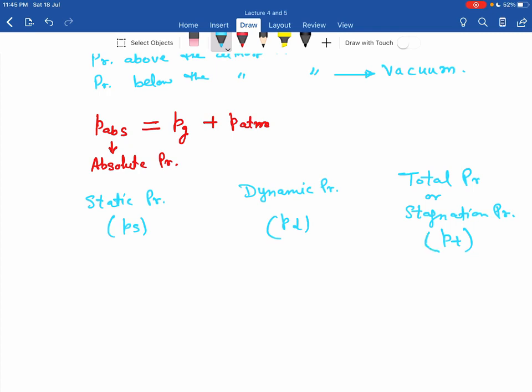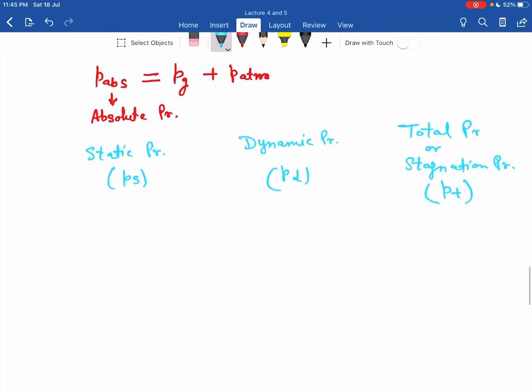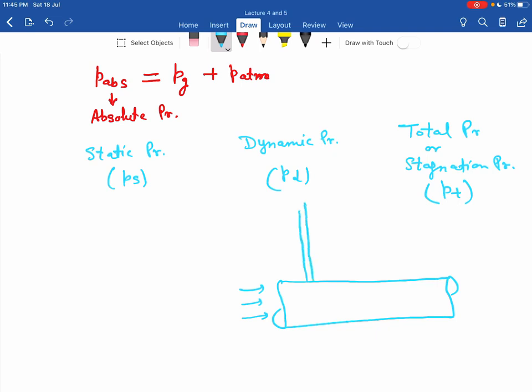So what is the difference in these three terms? Say we have a pipeline and some fluid is flowing through it. Now we insert two manometric tubes, one at the wall and another in the intermediate position. Something like this.